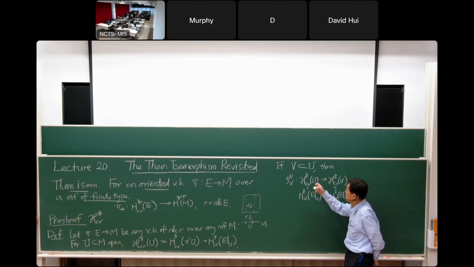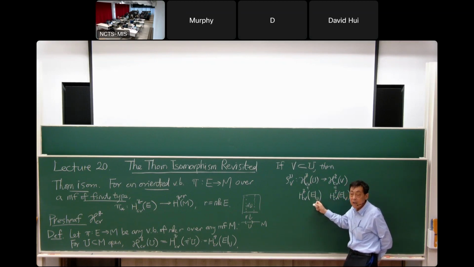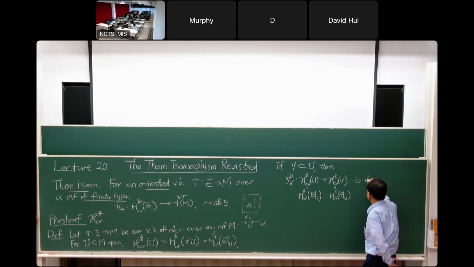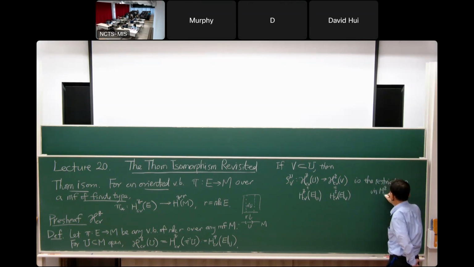Because an inclusion of open sets induces an inclusion of the vector bundles, and then cohomology is contravariant, so it gives you a restriction in cohomology. So this is the restriction in cohomology. Yeah. All right. So that's a pre-sheaf.